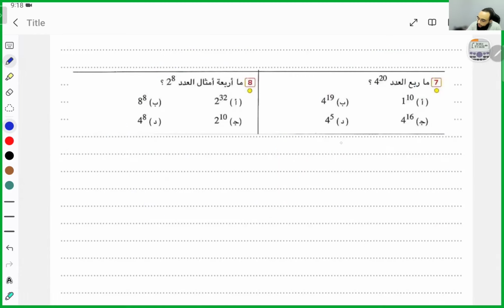Look, he's asking here: quarter of 4 power of 20 equals 1. So, you know, we talked about it before last year. It's something like 1 over 4 times 4 power of 20, which is 4 power of 20 over 4. But here, it's 4 power of 20 minus 1, which is 4 power of 19.